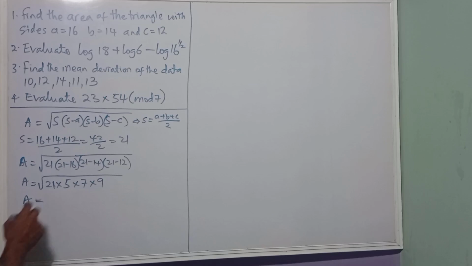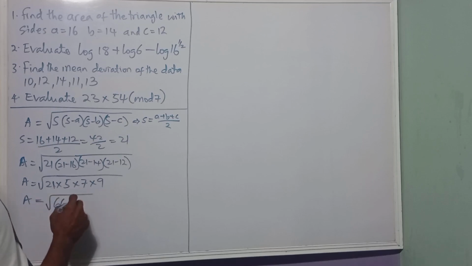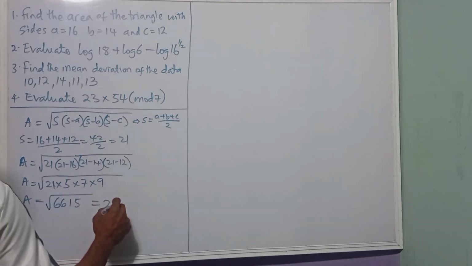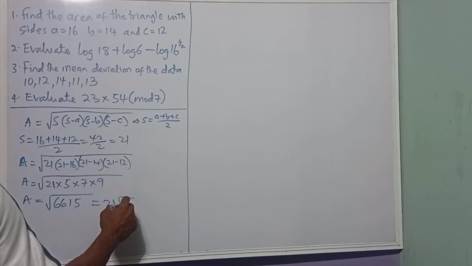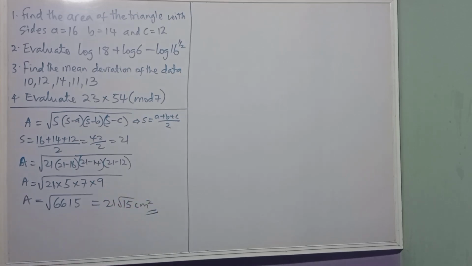Our area would give us root 6615, which we find becomes 21 root 15 centimeters squared as our area.